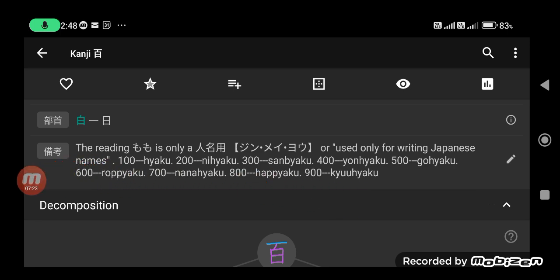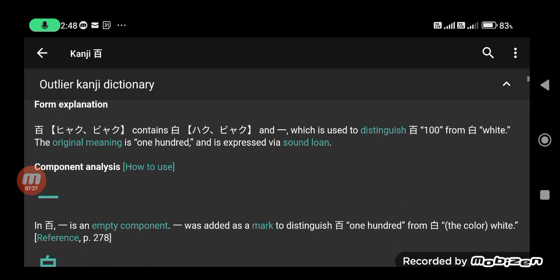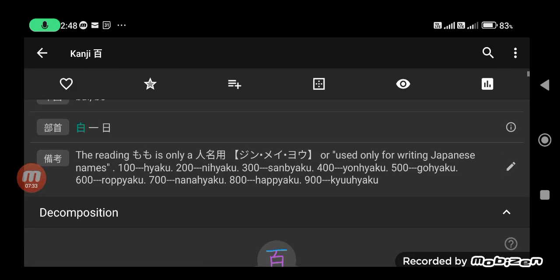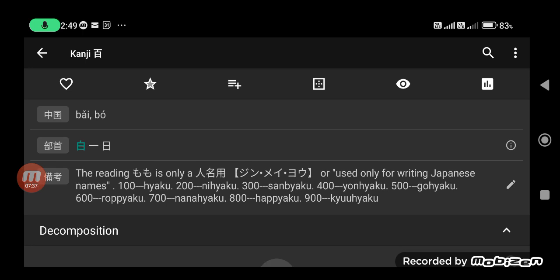So okay, minasan, let's go to the form explanation. This is critical, and I've also told you in our lesson 0019 about the presence of the bushu, the radicals. So what are the radicals that are present in this kanji?